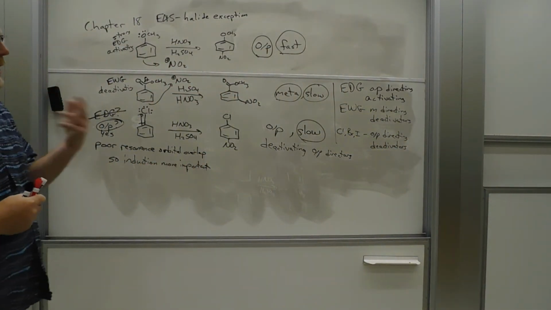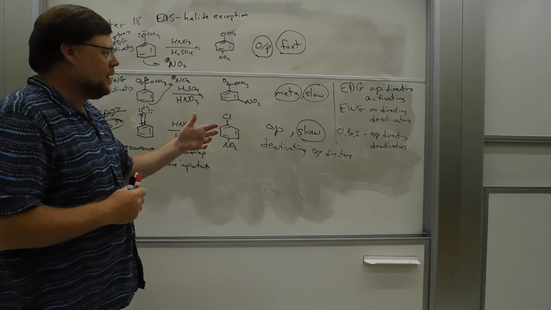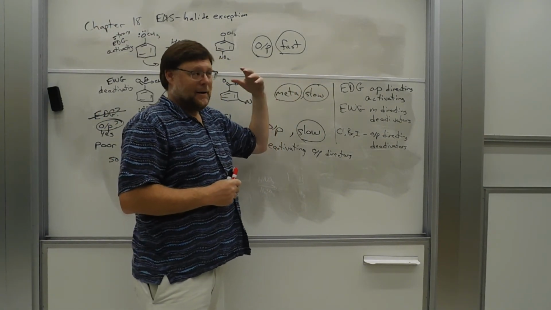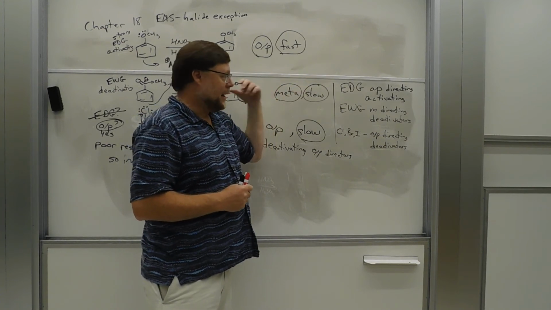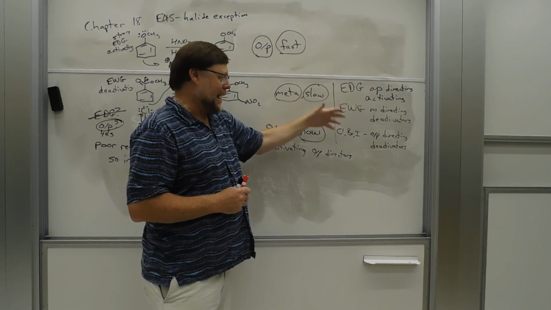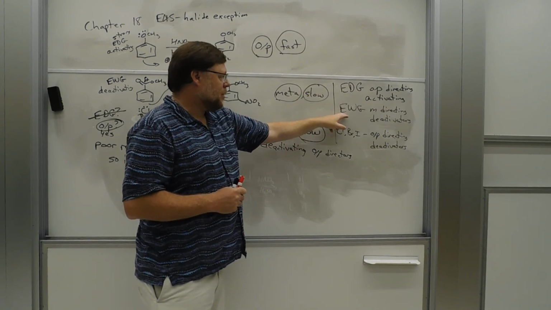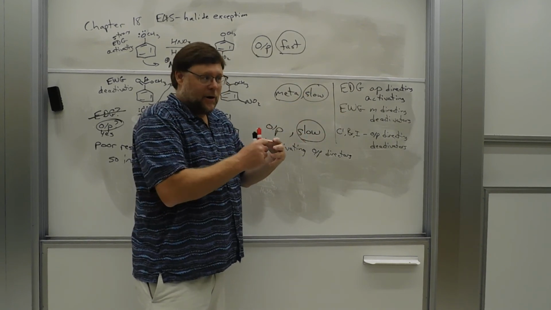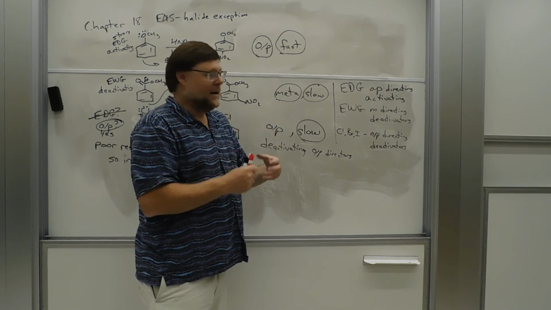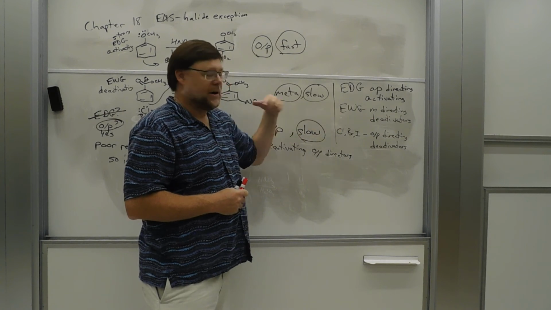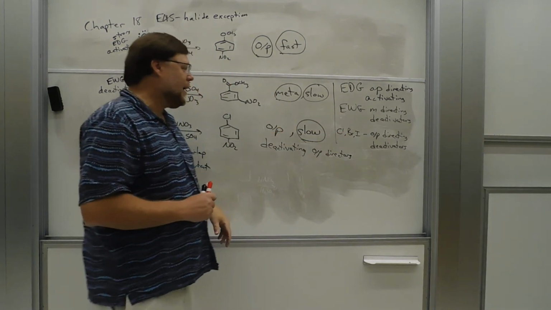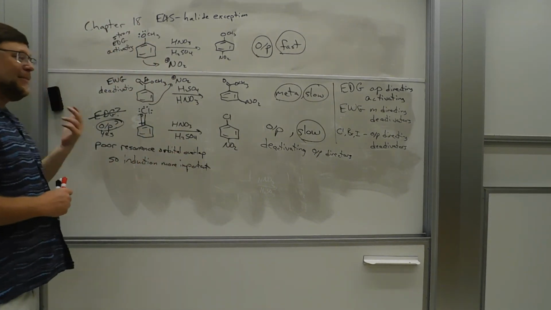Electron donating groups are ortho-para directing and activating, right? Electron donating, so methoxy, an N with a lone pair, an S with a lone pair, alkyl groups are going to be ortho-para directing, activating groups. Electron withdrawing groups, carbonyls, any carbon with a strong partial positive, or any atom that's got a full positive, it's going to be an electron withdrawing group, it's going to direct meta, and it's going to deactivate the ring. Chlorine, bromine, and iodine are going to be ortho-para directing, but they're going to be deactivators.